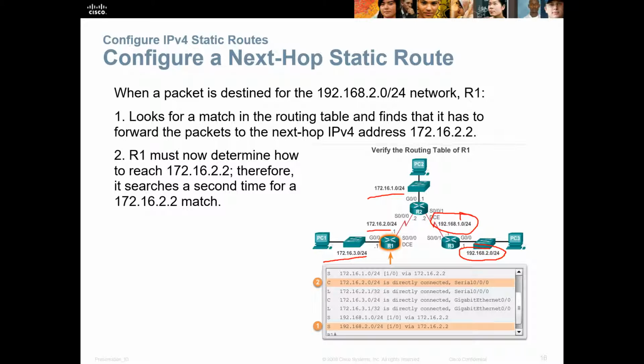The question here is for R1. R1 must know or determine how to reach 172.16.2.2, and it knows that because it is directly connected. If R1 needs to know how to connect to 172.16.1.1, R1 currently doesn't know. That's why we have to use static routes or a routing protocol so that they know how to get through.